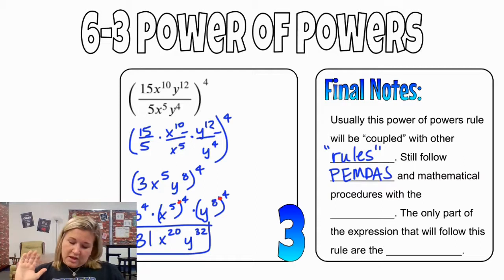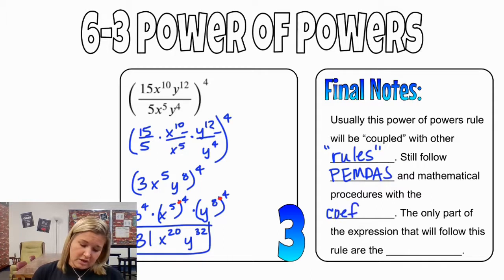And the mathematical procedures with the coefficients: remember, you're still going to divide or multiply or whatever, or take to the power of those coefficients. They still follow those mathematical rules. And then the only part of the expression that will follow this rule are, again, the exponents.